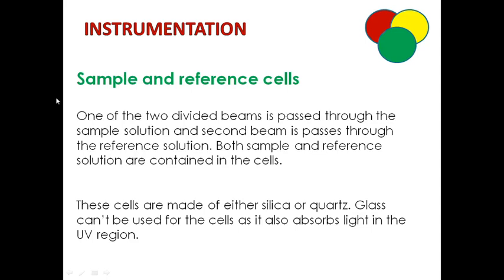Next one is sample and reference cells. The radiation that comes from the monochromator has to fall on the sample cell and reference cell.